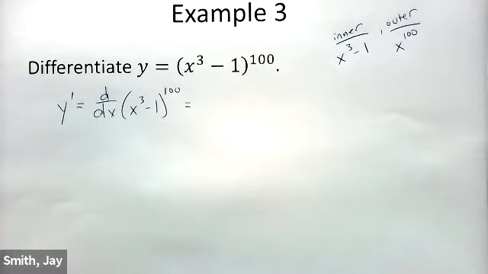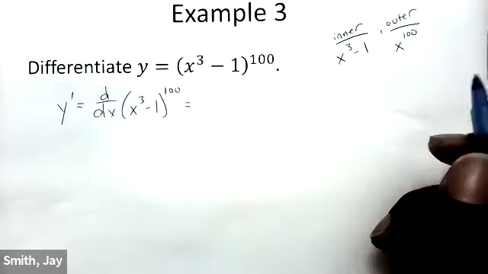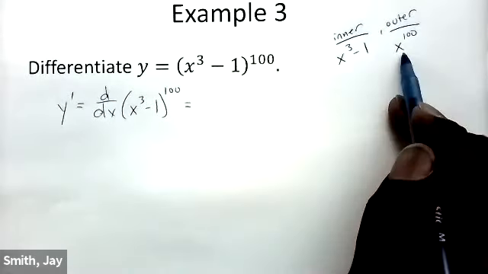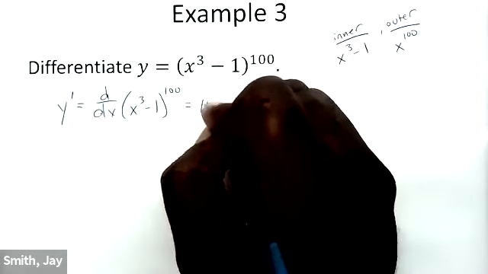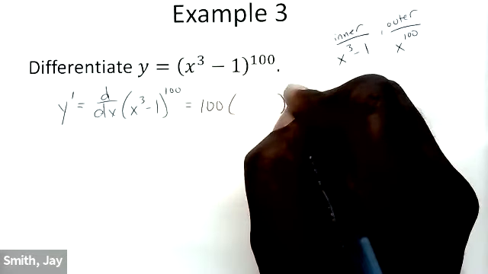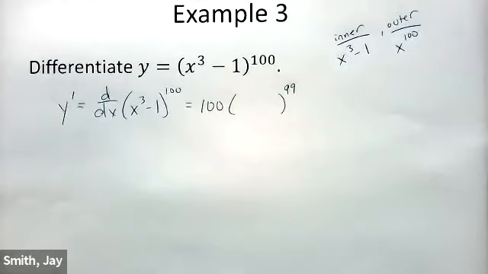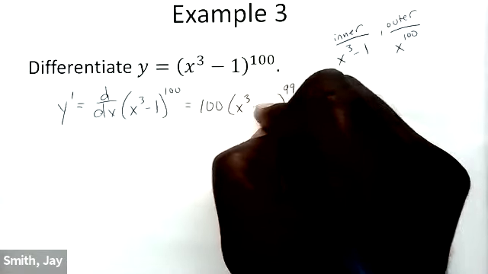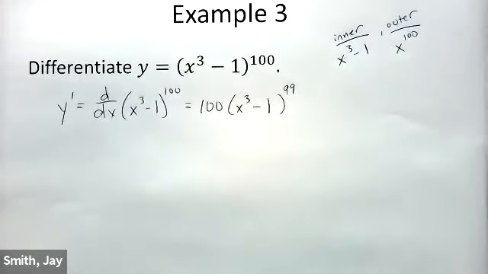All right, so using that shorthand definition of the chain rule, it is the derivative of the outer function at the inner function. So the derivative of x to the 100th power would be 100x to the 100 minus 1 power, or the 99th power. That's the derivative of the outer function at the inner function, which means what was inside parentheses goes inside the parentheses again.